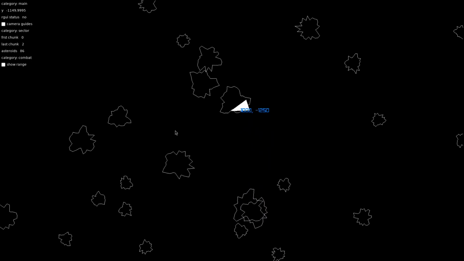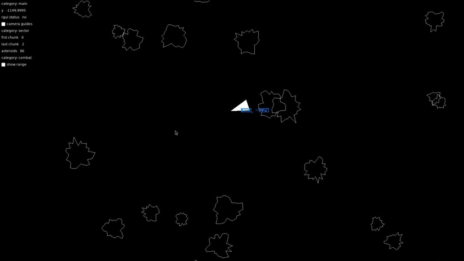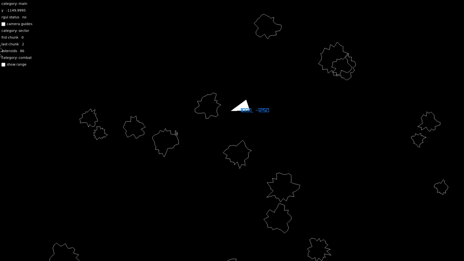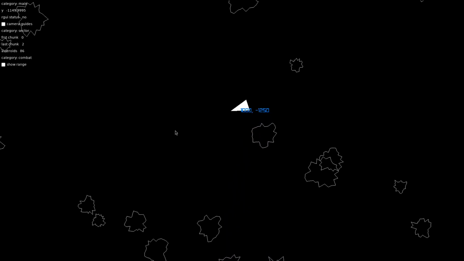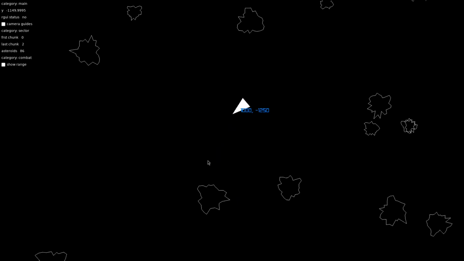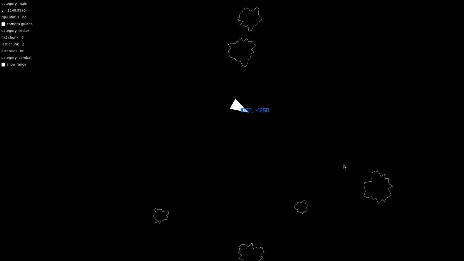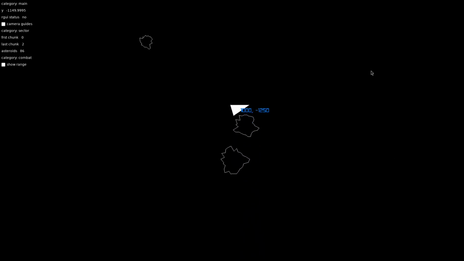The ship is just a triangle drawn using Raylib, and one of the changes in this version compared to the coding challenge one is that the ship rotates to aim at the mouse. In the coding challenge, he uses the keys to rotate the ship.